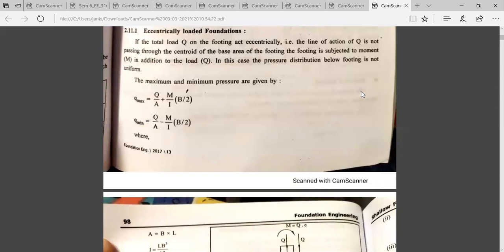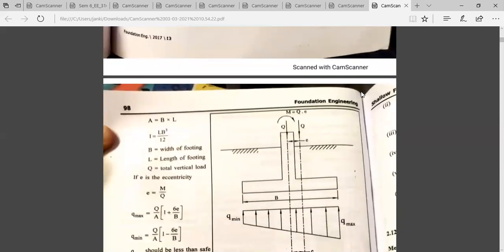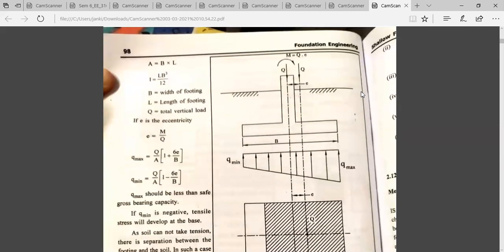Here the area is width multiplied by length, as you can see in this figure. In that footing, area is equal to B cross L. The moment of inertia I generally has the equation BD cubed by 12, and here depth is considered as length, so it is L B cubed divided by 12, where B is the width of the footing, L is the length of the footing, and Q is the total vertical load.